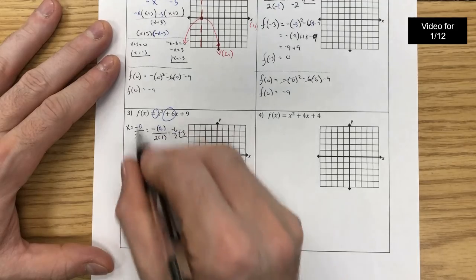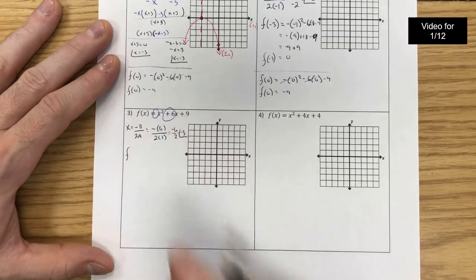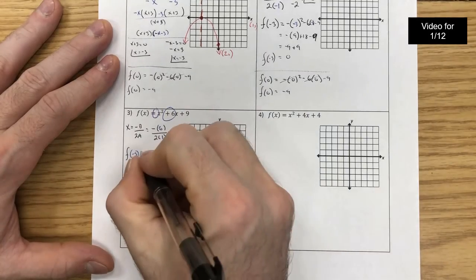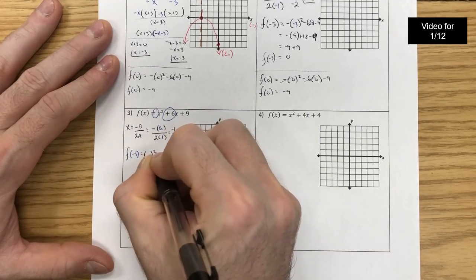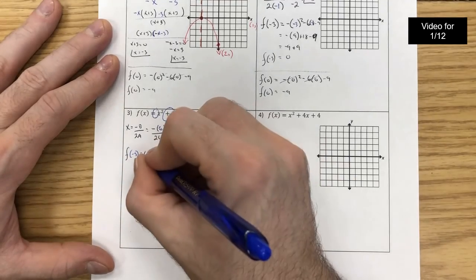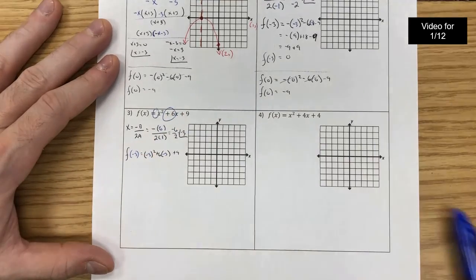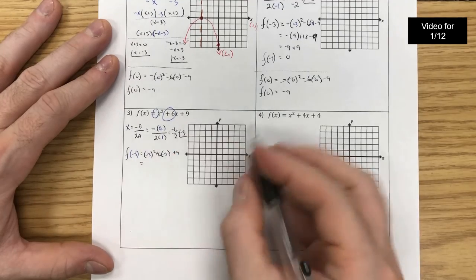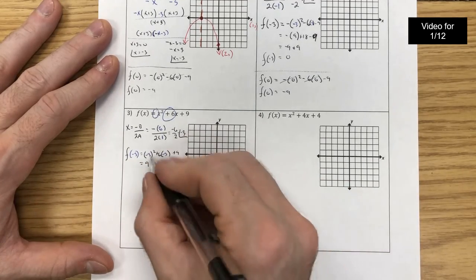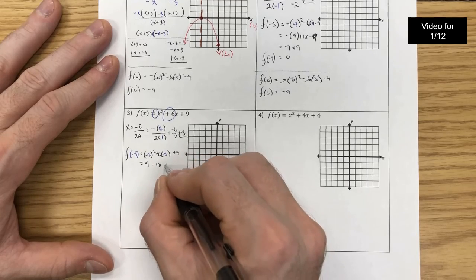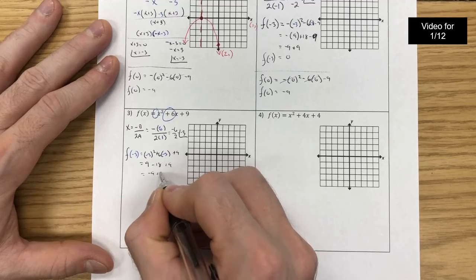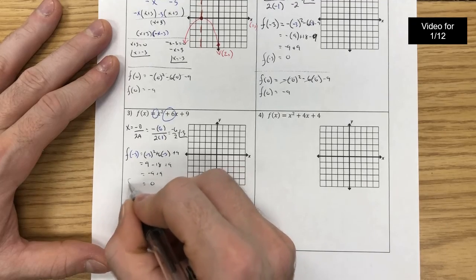So I'm going to take that and I'm going to plug it into the equation. f of negative 3 is equal to, order of operations, negative 3 squared is 9. 6 times negative 3 is negative 18. 9 minus 18 is negative 9, and then minus 9 more is 0.